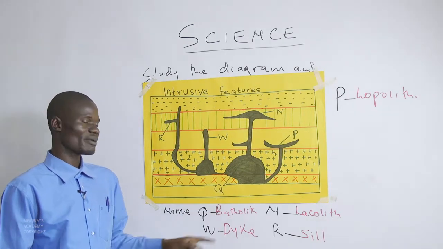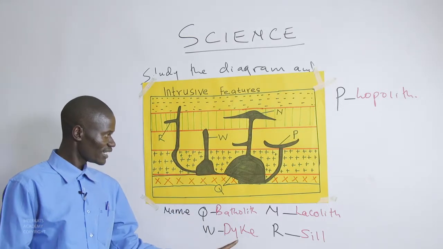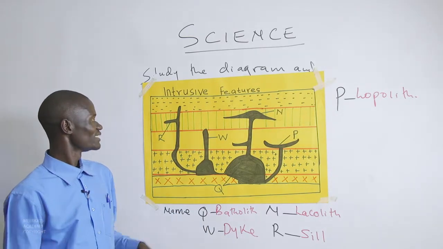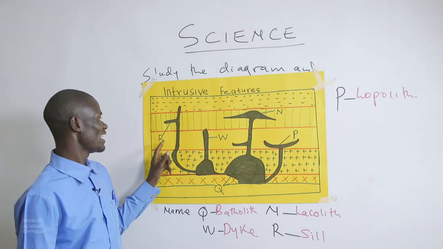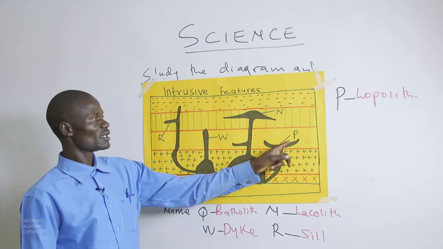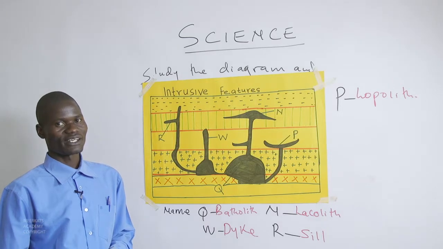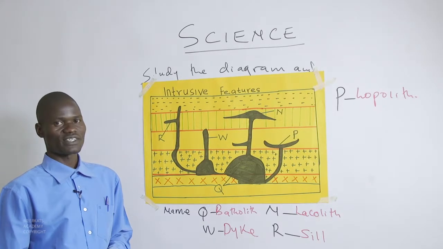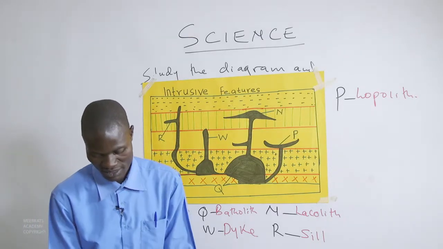Therefore, Q is a batholith, W is a dike, N is a laccolith, then R is a sill, P becomes a lopolith. That one is our intrusive feature. Carefully, that is more important.